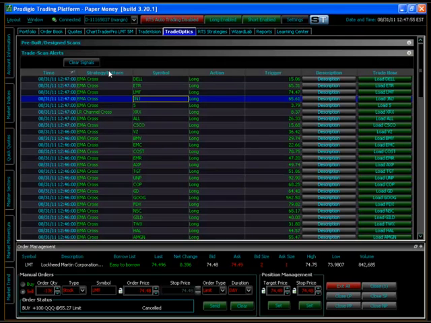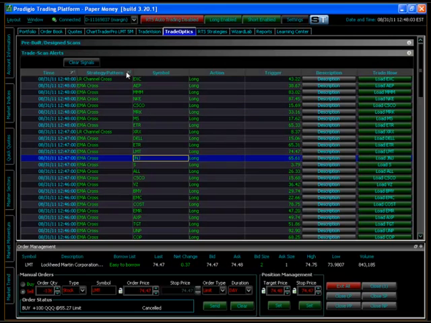You have to hold Control down, but if I hold Control and click, see how it creates a number 2 here? So I'm sorting first by time, second by strategy pattern. I could change that. I could clear this by just clicking. I could sort first by strategy and pattern, and you see these times, 1243, 1247, 1248.